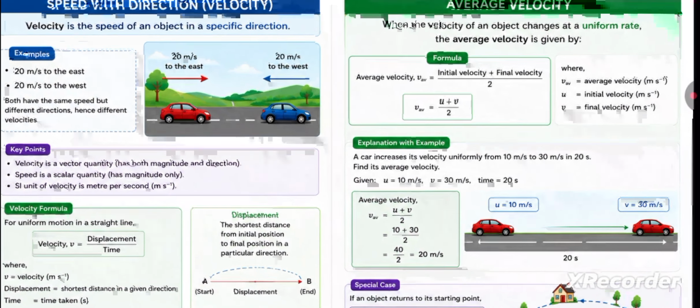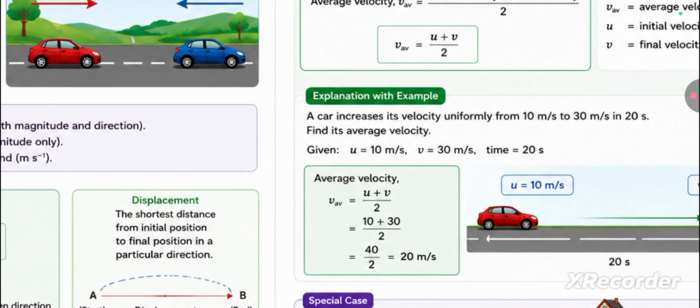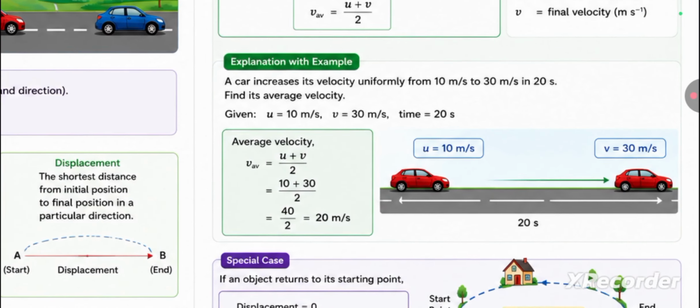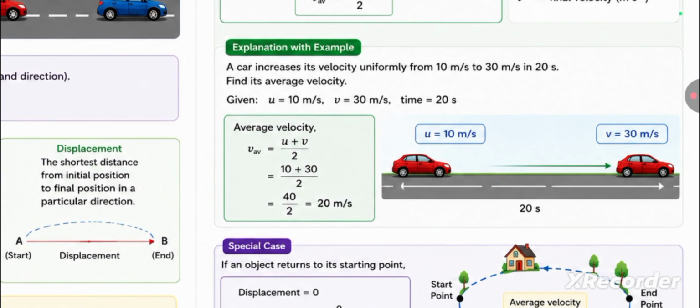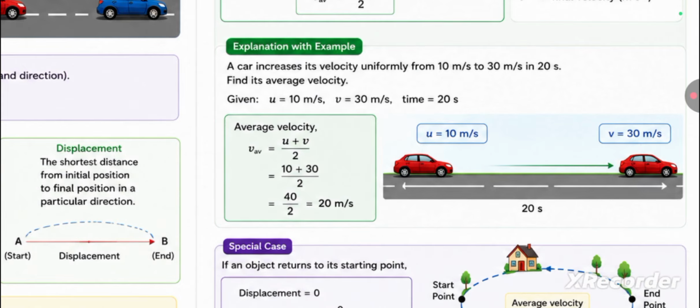Okay, for example, let us take an example to understand average velocity. A car increases its velocity uniformly from 10 meters per second to 30 meters per second in 20 seconds. Find its average velocity. That is the question. Now we have to write first what is given.